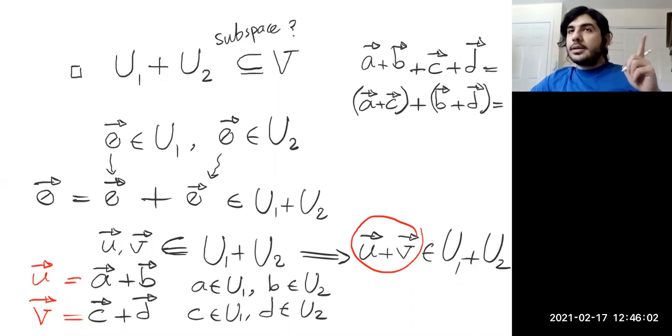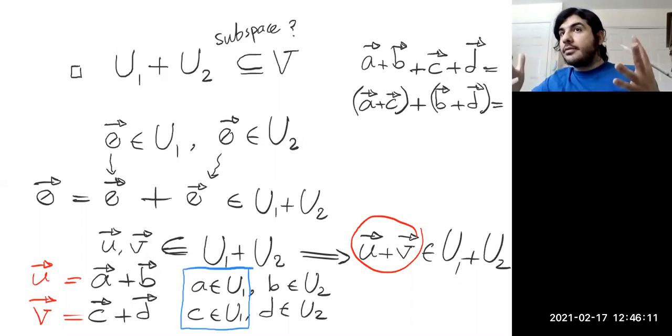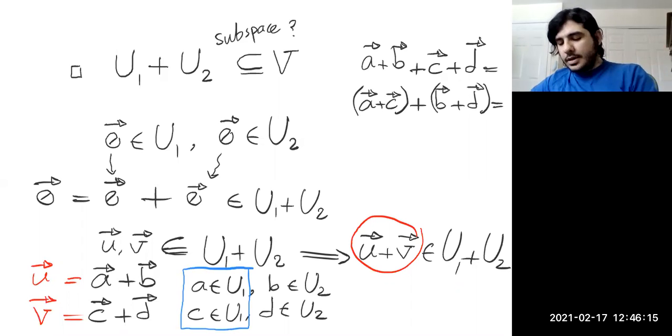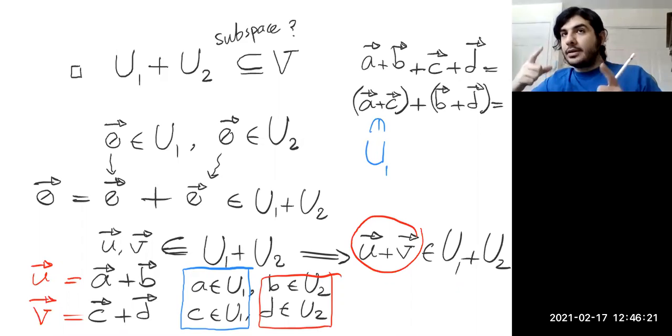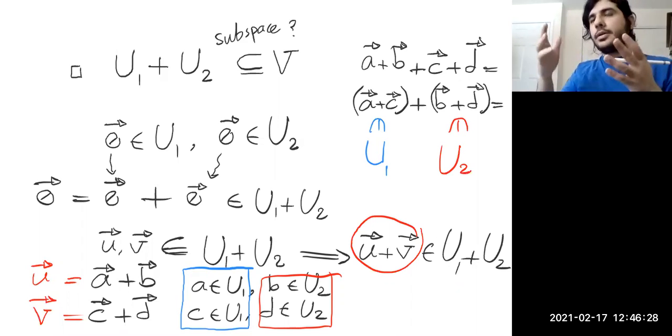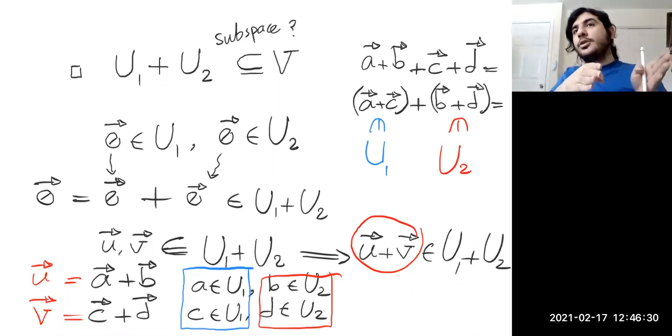Now, A plus C, note that both A and C are in U1, and U1 is a vector subspace. If A and C are in U1, their sum is in U1. On the other hand, B and D are in U2. U2 is a vector subspace, so their sum is in U2. Now, what can we say about this whole sum? The first part is in U1, the second part is in U2.